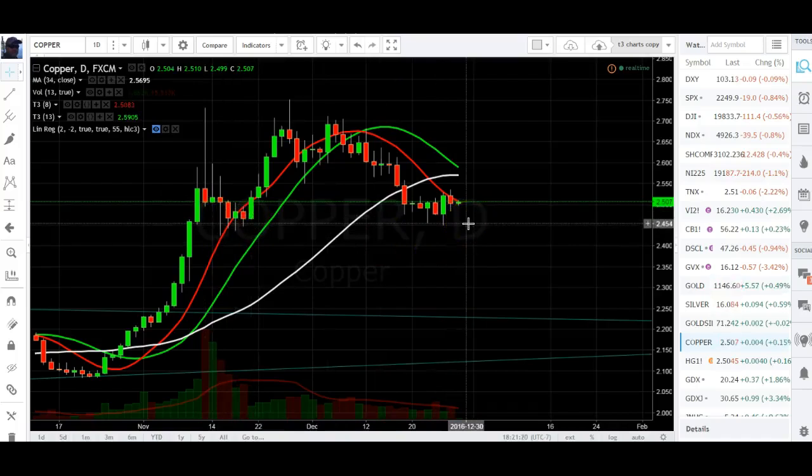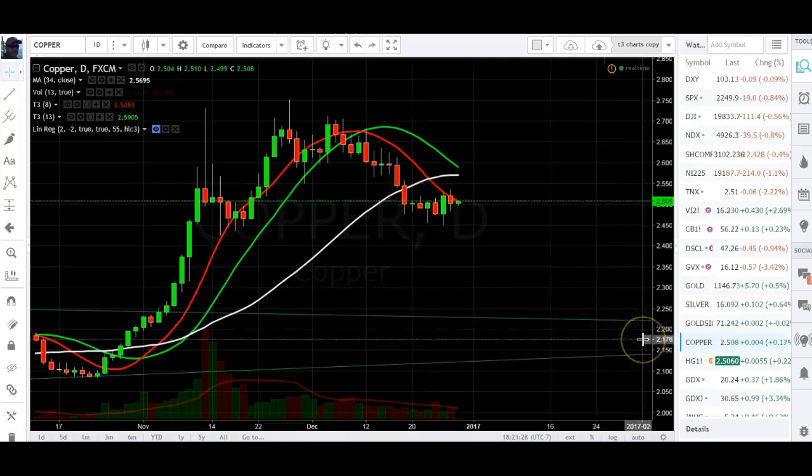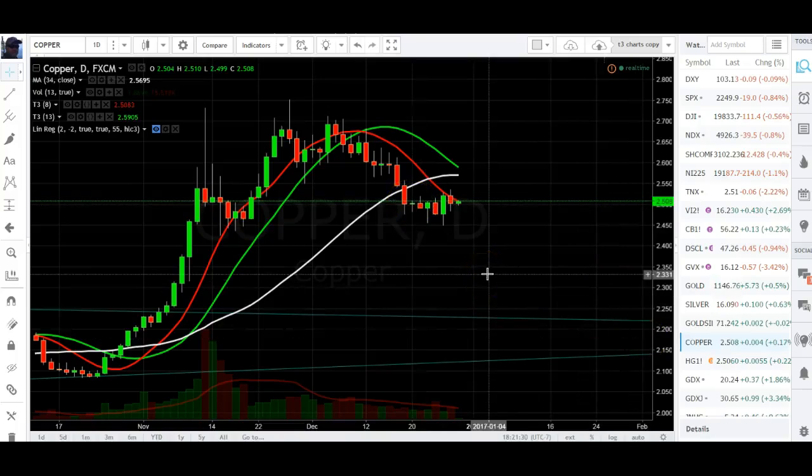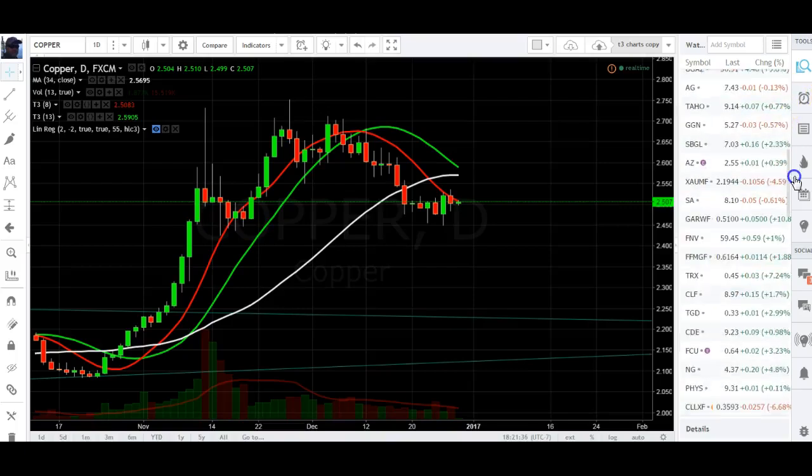So we got support. Looks like it found support right here, that hammer. And right now it looks like it wants to break that hammer on the upside. So we'll see if copper can run with gold and silver this time around. That'd be awesome.